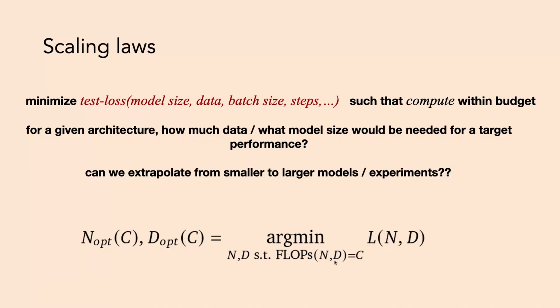Every additional parameter, I need proportionally more flops. So for a fixed compute budget, if I want to minimize my loss, so maximize performance, then what should I set? How big should my model be, and how many data points should I train on? Okay, so I can train a really big model on a few data points for the same cost as a small model on a lot of data points.